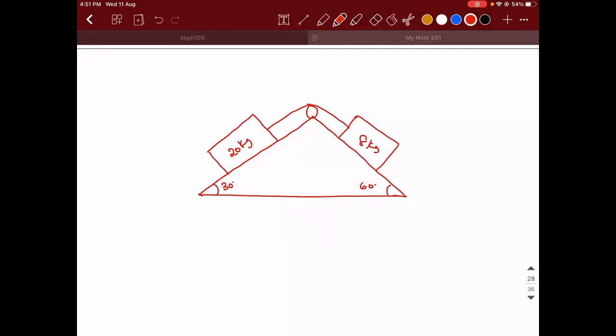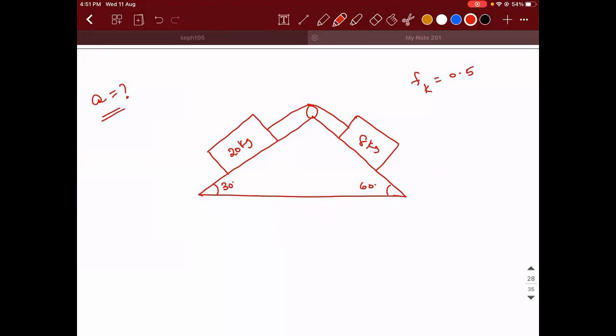So let's say the coefficient of friction is 0.5. We'll take it as kinetic friction. So the coefficient of kinetic friction is 0.5. We need to find the acceleration of these blocks.